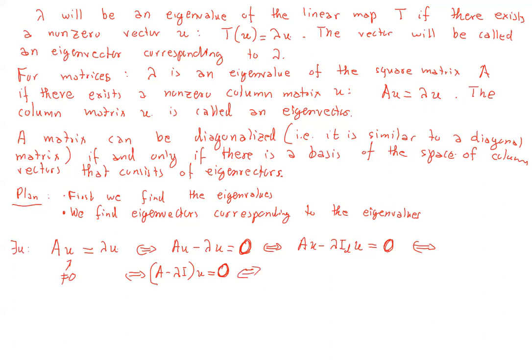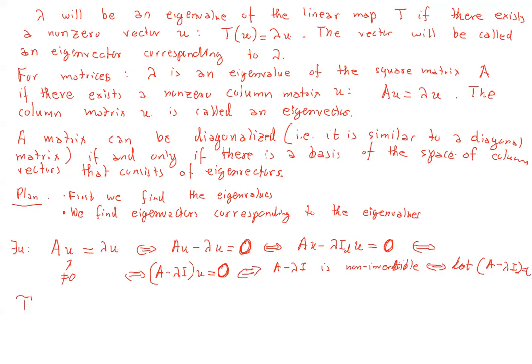And this is true if and only if the matrix is non-invertible. And when is the matrix non-invertible? When its determinant is equal to zero. So we do the following thing.